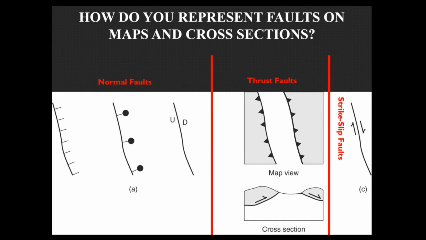That ball and string are hanging down that fault plane, so they're running down the foot wall towards the hanging wall that dropped.